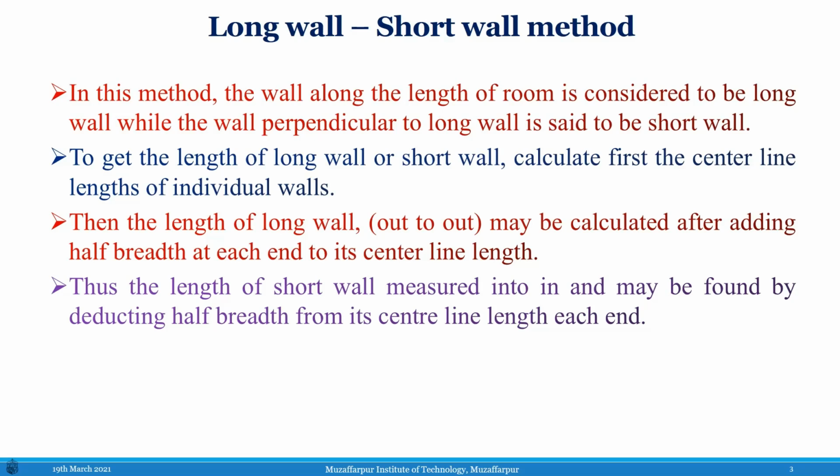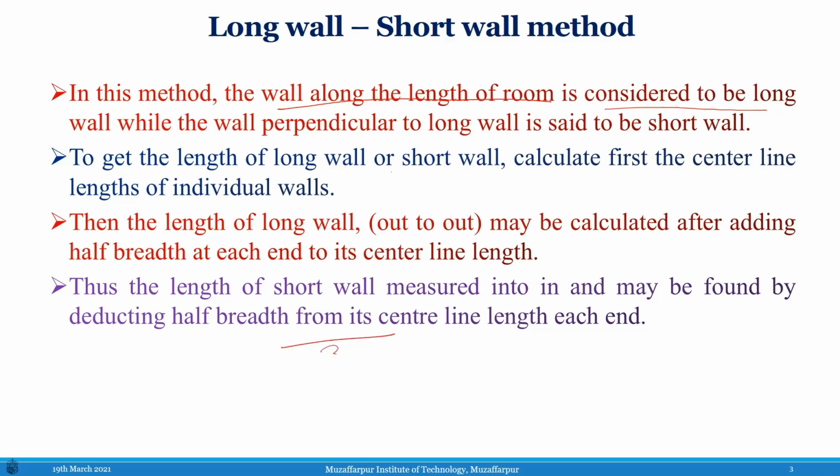In the long wall short wall method, the wall along the length of a room is considered the long wall, and the wall perpendicular to that long wall is the short wall.